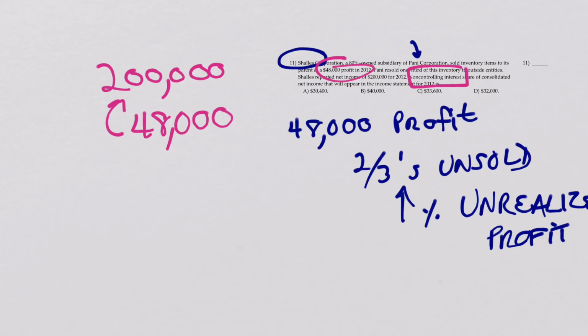One way of doing this is to say how much of the $48,000 in here is the unrealized amount, and the way to do that is to say the following: of the $48,000, since 1/3 was sold to the outside, 2/3 weren't sold, what does 2/3 represent?